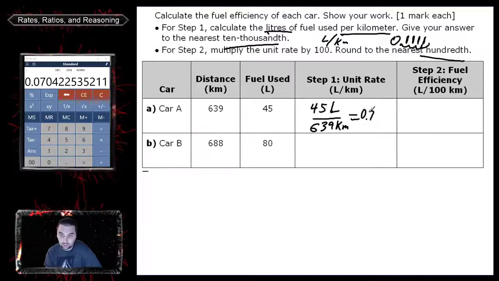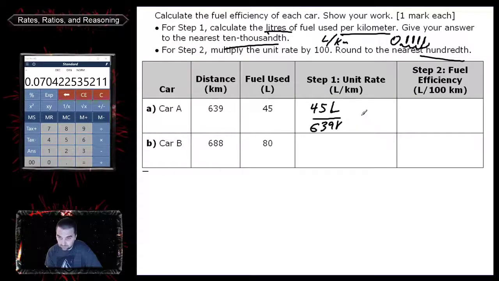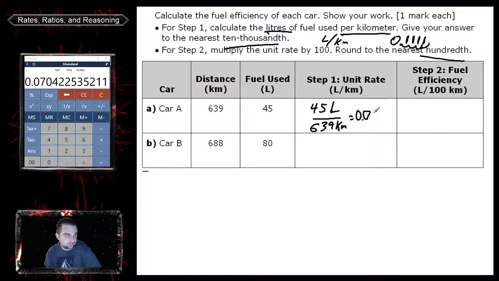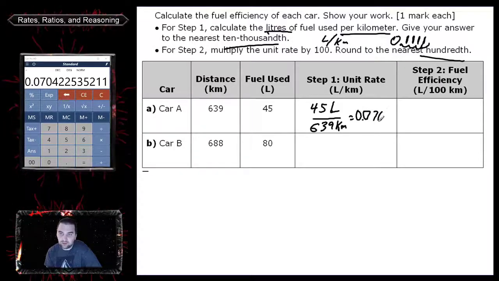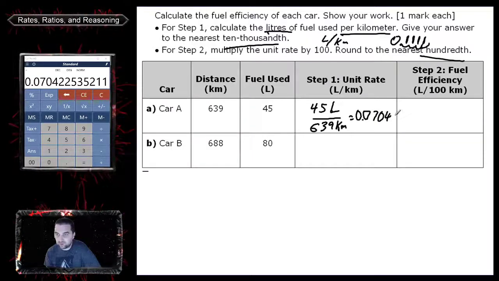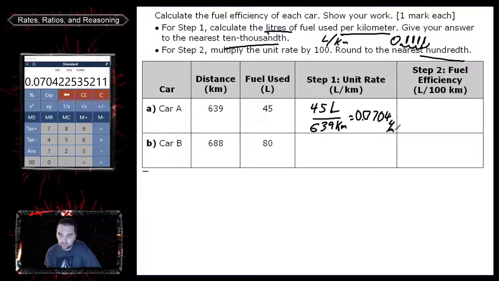I said to the 10,000th spot, so there we are, 0.0704. And that is liters per kilometer.